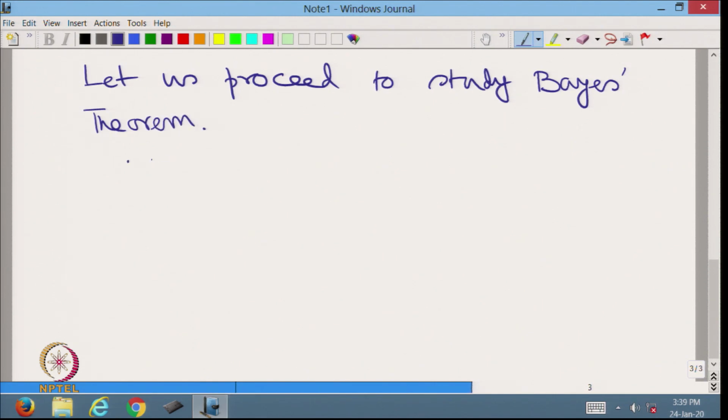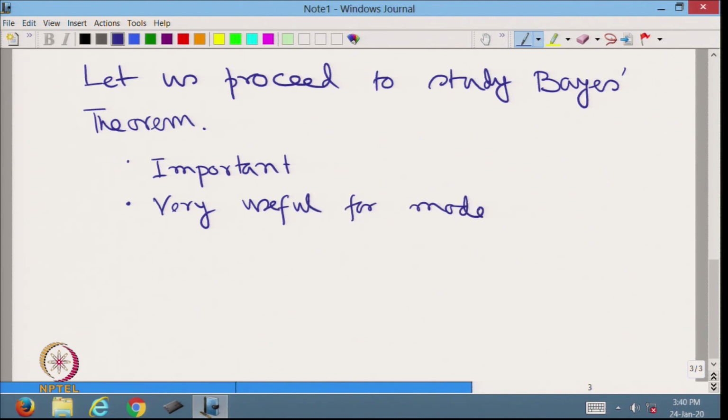It is important, and it is also very useful for modeling many practical situations.